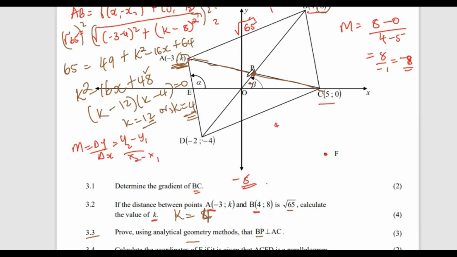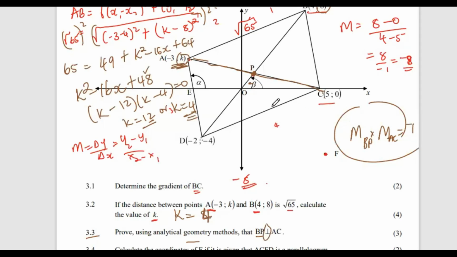We don't need that. We can even use the coordinates of D since it's still the same straight line. I suppose we can use that. But what we know about perpendicular lines is that the gradient of BP times the gradient of AC must give us a -1. So this is the condition that we should aim at.